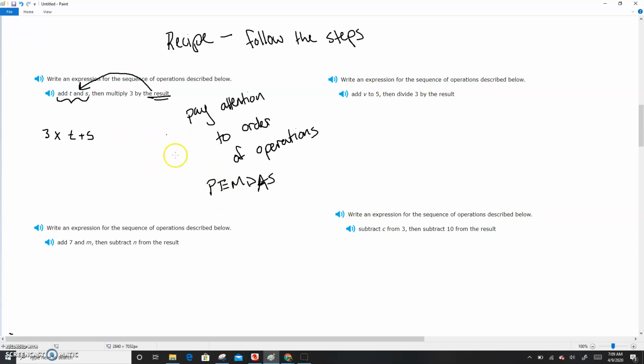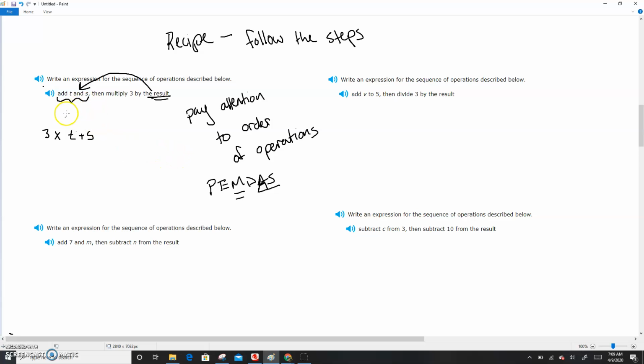In this expression, according to our order of operations, we would multiply before we added or subtracted. So as written, we have 3 times t plus s. But that's not what the recipe asked for. The recipe wants us to add t and s first.